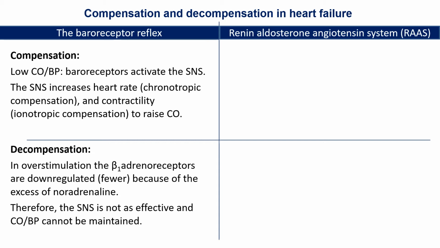So what they will do is downregulate the beta-1 adrenoreceptors. In other words, they won't express as many on their plasma membranes. They will take them in. They will endocytose them, get rid of them. We're getting overstimulated here. We don't need all these beta-1 adrenoreceptors. It's too much pressure. We're going to take some away.